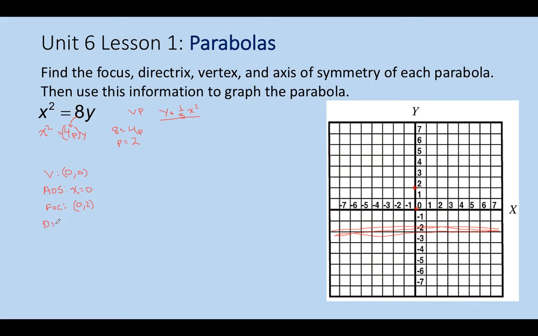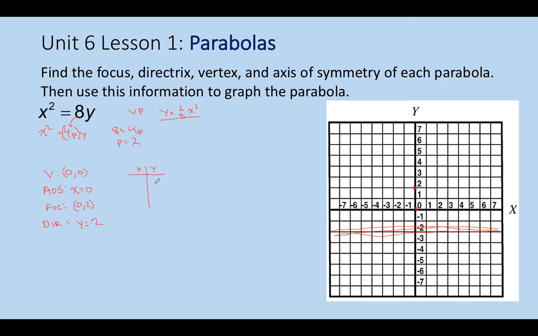So the directrix is y equals negative 2. What I would do at this point is pick a couple of values for either x or y that would help me plot the rest of it, knowing that it's going to go through the vertex.